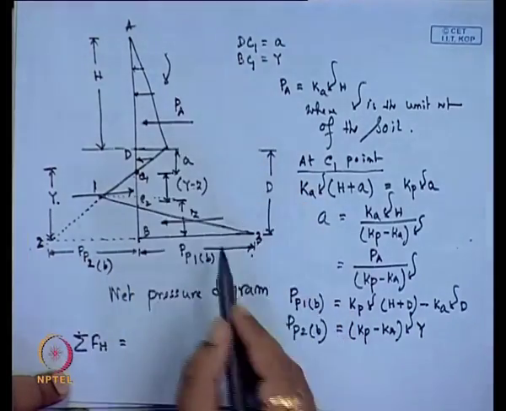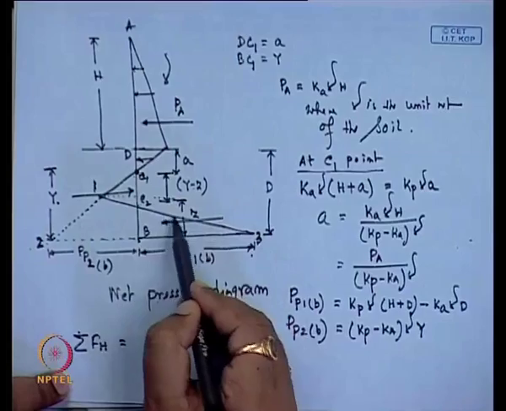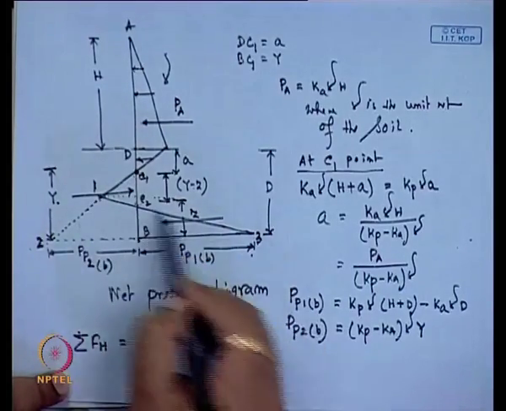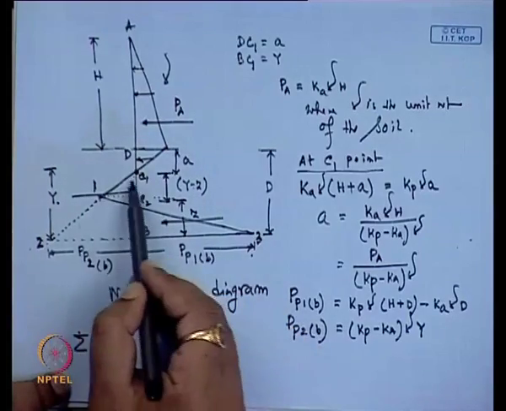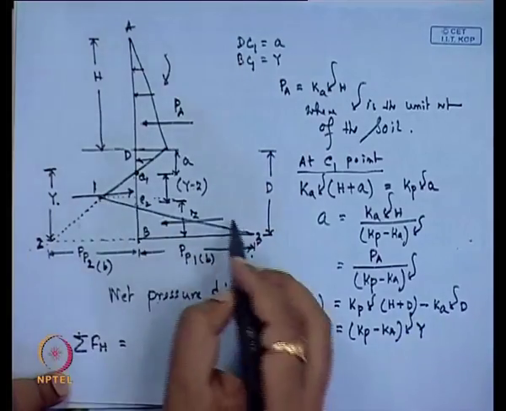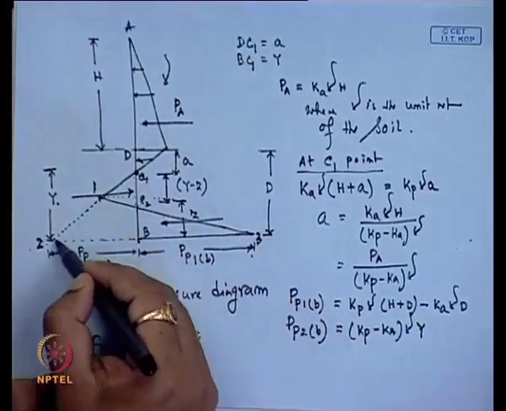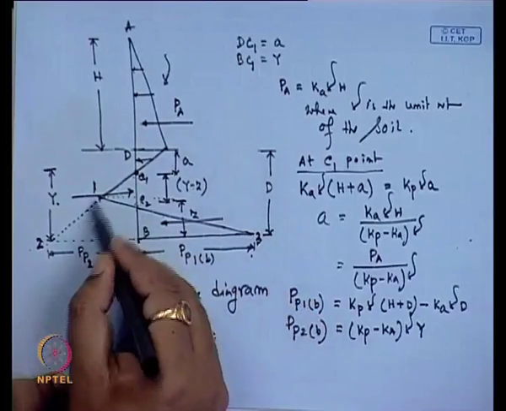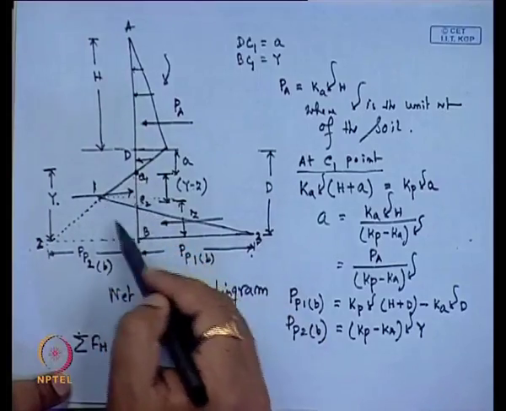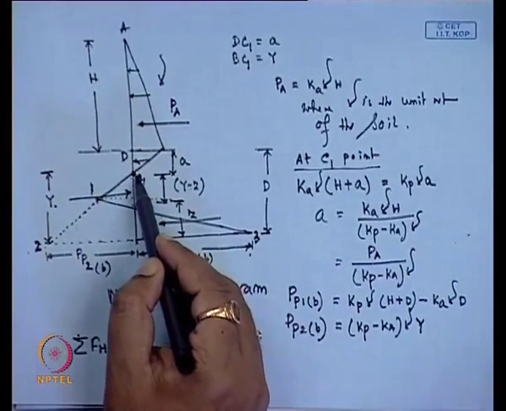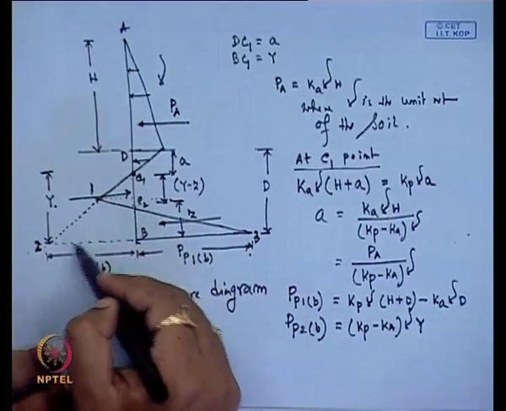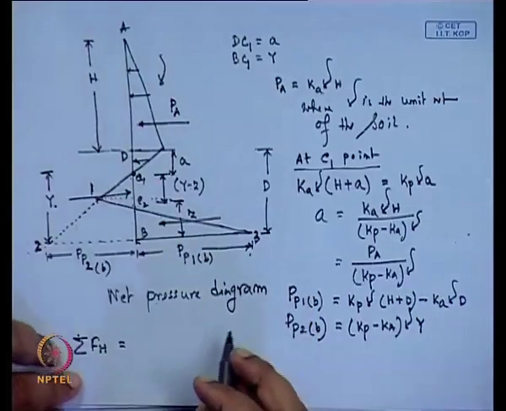So, these are the three forces: one for the lower portion, one for the middle triangle, and one for the upper portion. Now, we are taking this triangle 1 2 3 and subtracting from the 1 2 3 triangle forces the triangle C 1 2 and B. So, ultimately this portion is cancelled out and this is acting in the opposite direction.